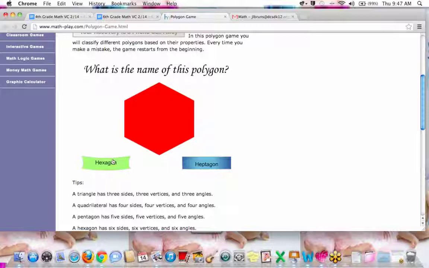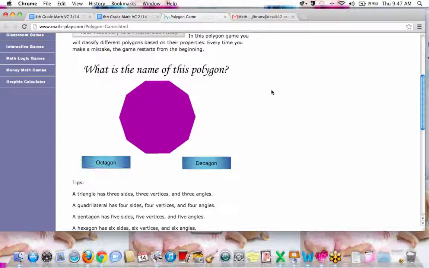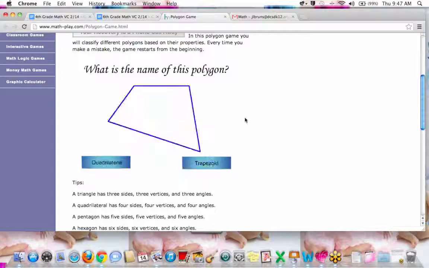Yeah, you're right. What is the name of this polygon? 1, 2, 3, 4, 5. Heptagon. Okay, hexagon. Good. Ooh, what about this one? Deca. Yes, Deca. This would be a decagon because it has 10 sides and 10 angles.